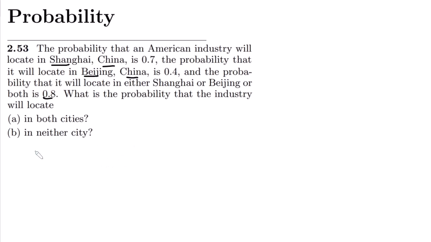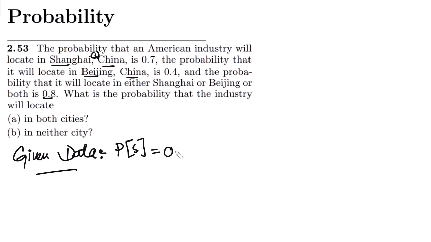Okay, so let me write the given data first. I represent Shanghai with S and Beijing with B. The probability of Shanghai is 0.7. The probability of Beijing is 0.4.